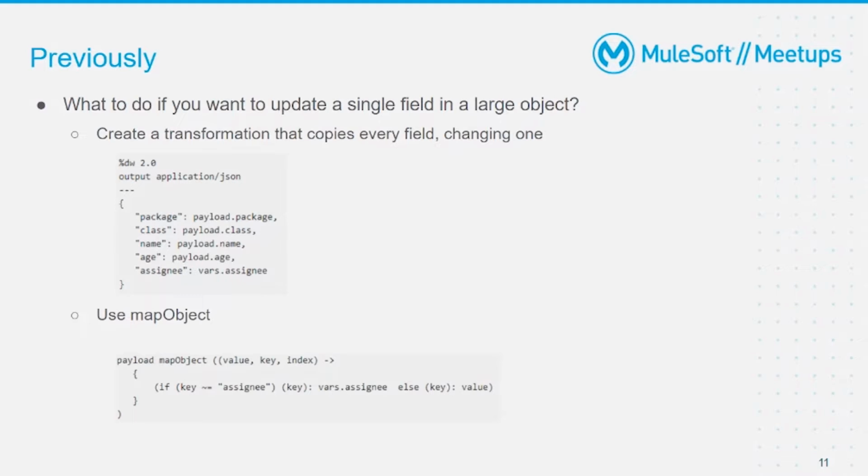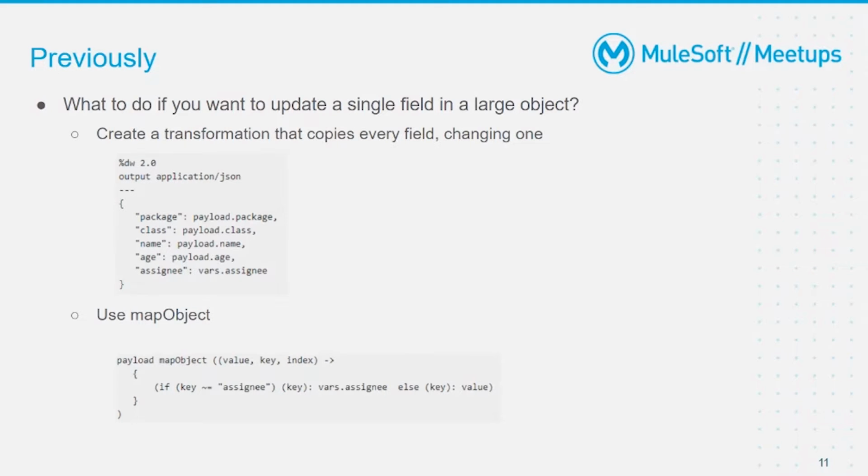You could get slightly more efficient by using map object. Here, for example, we have a map object that's iterating through all the keys in an object, checking to see if that key matches the one we're looking for, and then updating that key specifically. And this works, and this is more efficient, but it does have some edge cases that you may not want, or you may want to be aware of.